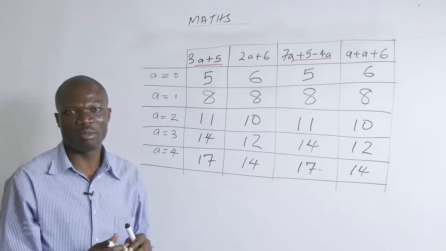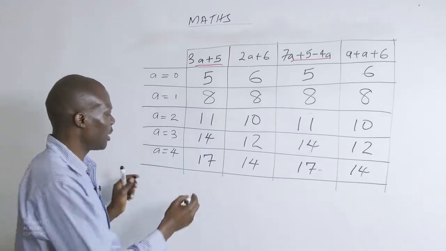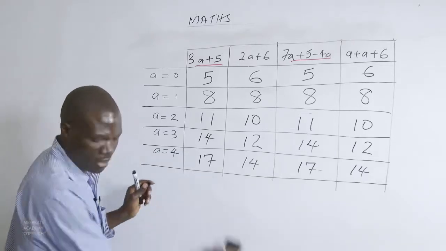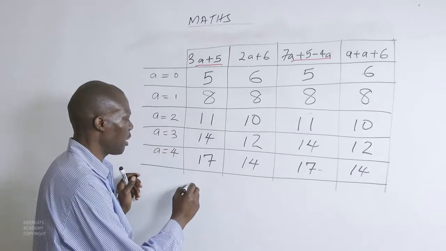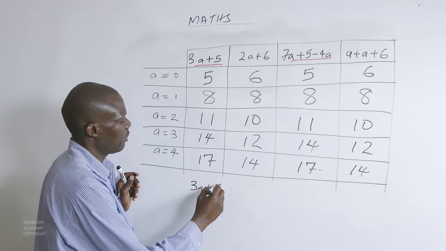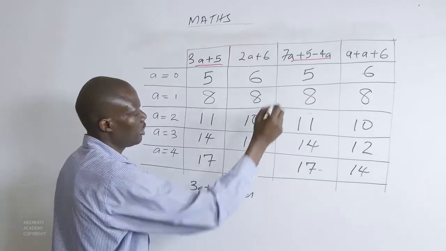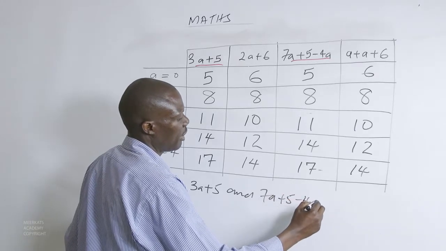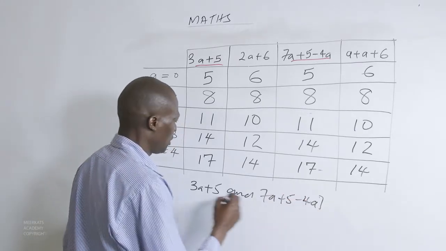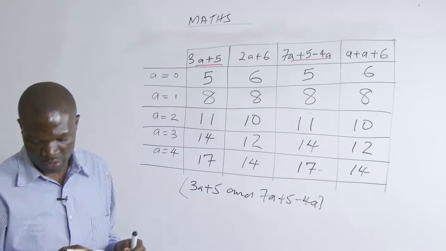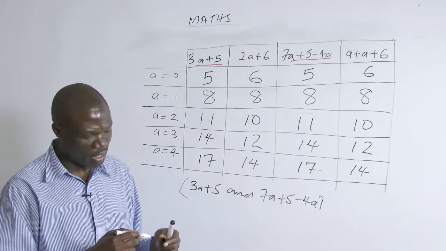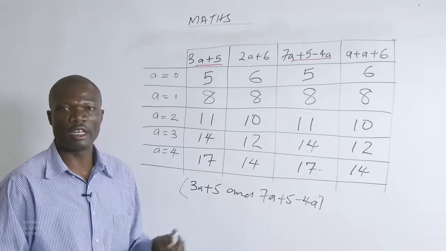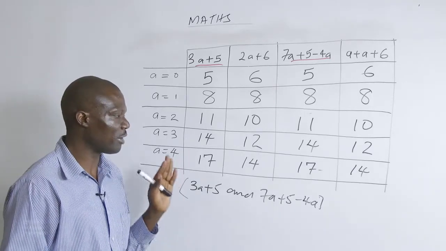What does that simply mean? It means that for this particular case, the expression 3A plus 5 and the expression 7A plus 5 minus 4A are equivalent algebraic expressions. So this expression and this other expression are equivalent.